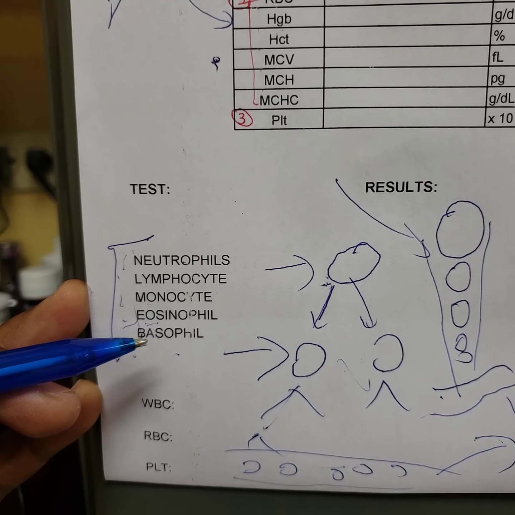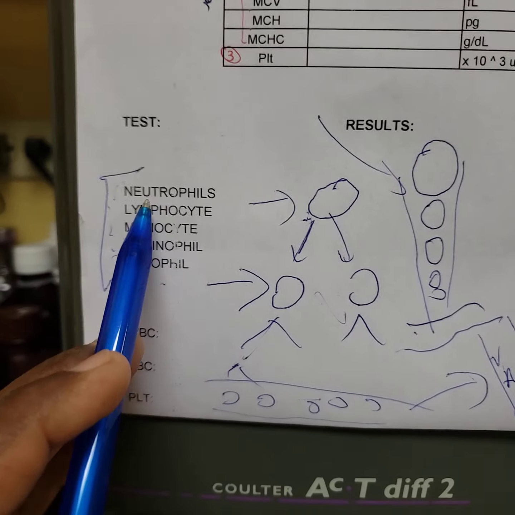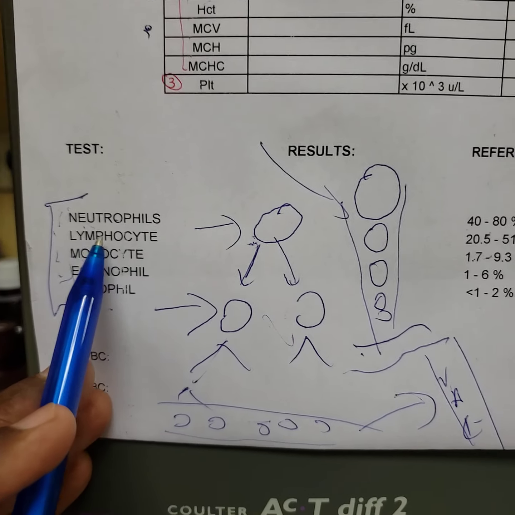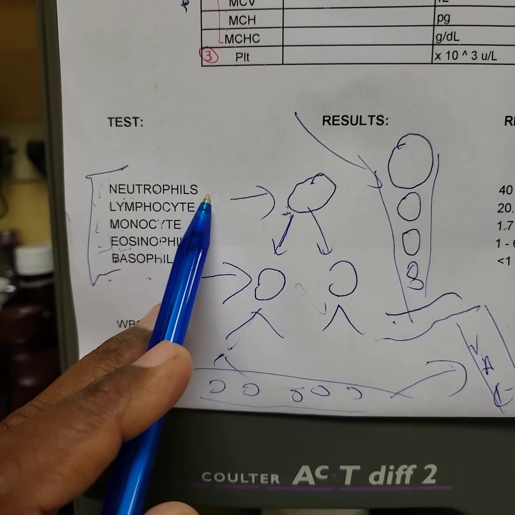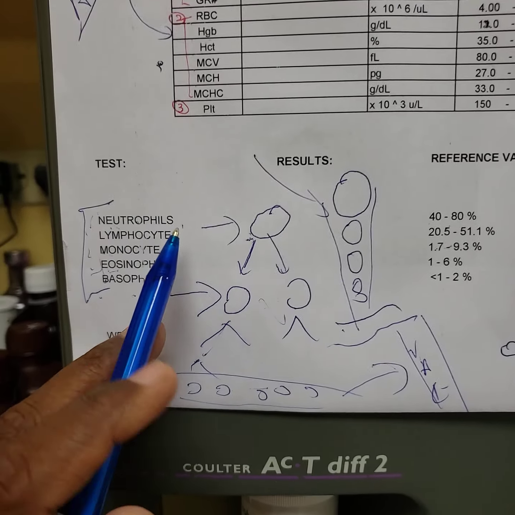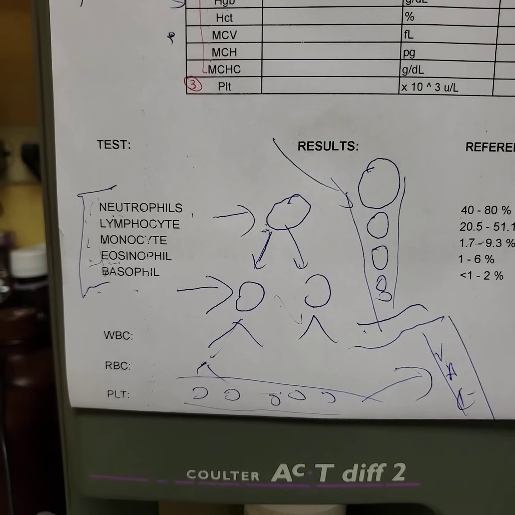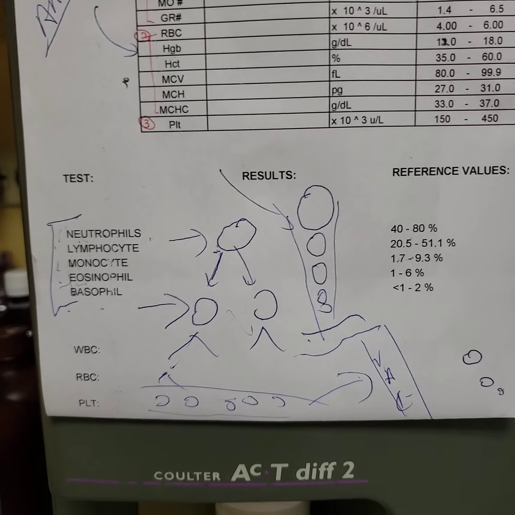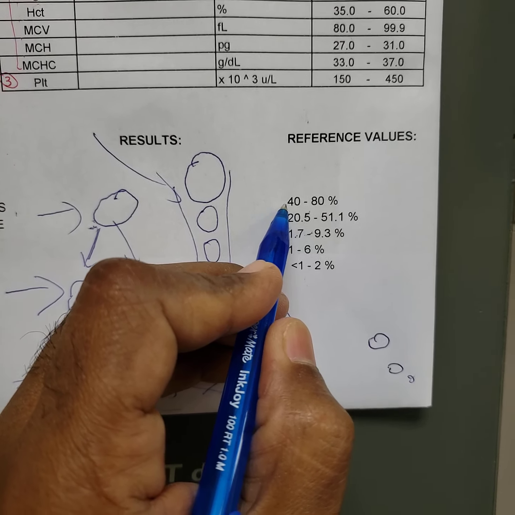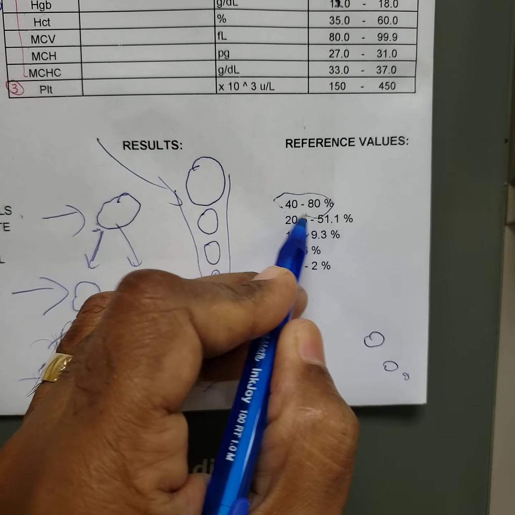These invaders can be of different types. So you've got this first guy here, the neutrophil, whose job primarily is to phagocytize. And what we mean by phagocytize is to engulf or to eat foreign particles, especially bacteria. That is why he is in such increased amounts, 40 to 80%.